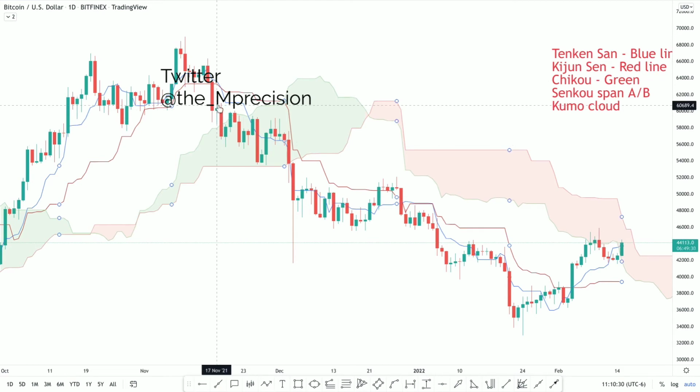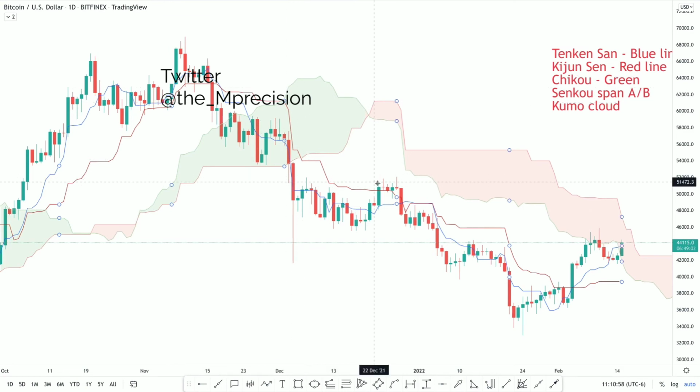I repeat the conditions, they're very important. If the blue line goes below the red line, you short. If the blue line goes above the red line, you long. But at the same time, the price has to be above the cloud for you to long, and the price has to be below the cloud for you to short. Until these conditions are fulfilled, a beginner trader should not take any entry.